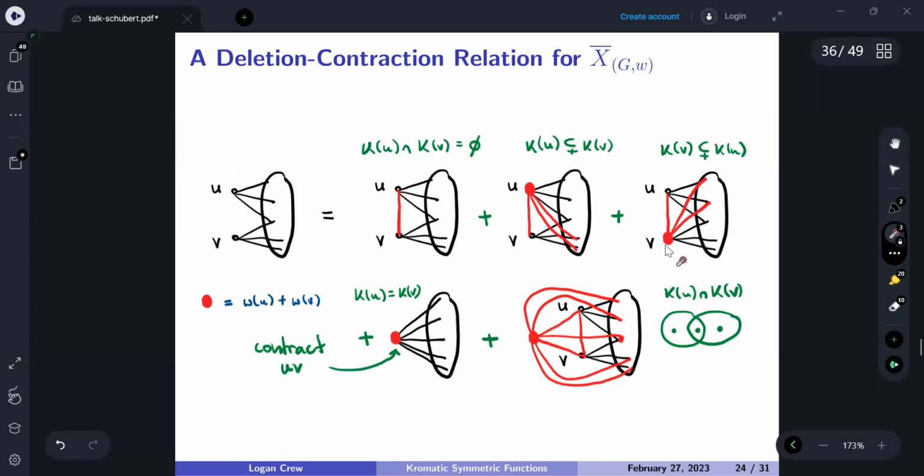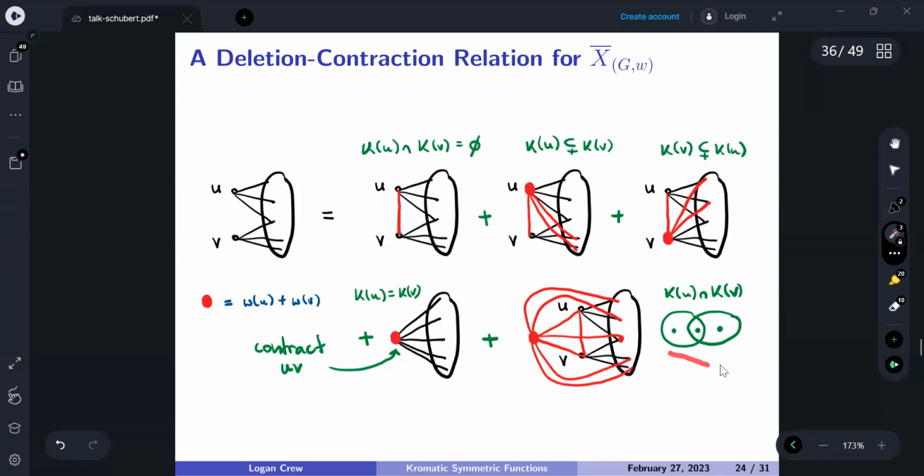And the same thing here: if kappa of v is a proper subset of kappa of u, then we give extra weight to v, and anything that was in common between u and v now goes only to v. U gets the rest, and we draw edges from v to these neighbors so that those vertices remember some colors that they can't have.